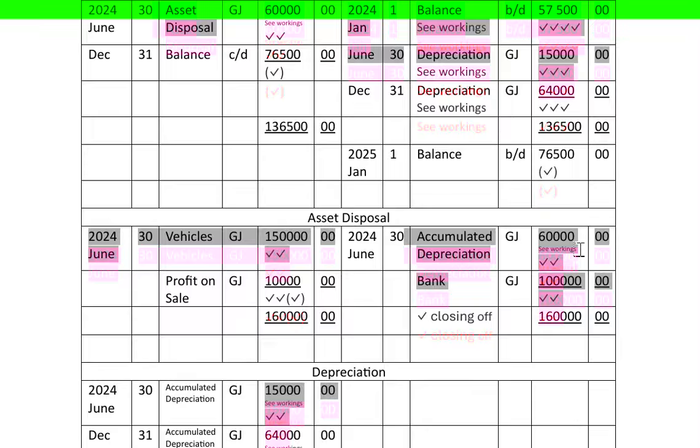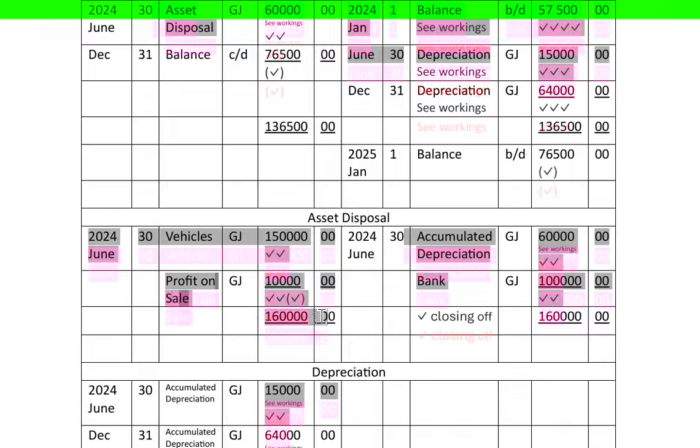So in our books, this vehicle is worth 90,000, but we sold it for more than what we had it recorded as, and we sold it for 10,000 Rand more. So the balancing figure to make the two sides equal will be a profit on the sale of this Renault Sandero of 10,000.